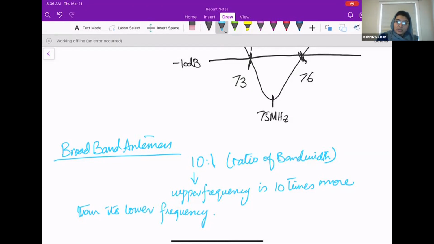So 10 is not defining the upper frequency, but the ratio it has with the lower frequency. So it could be 2 gigahertz and 2 into 10, 20 gigahertz. That could be the ratio of the bandwidth.